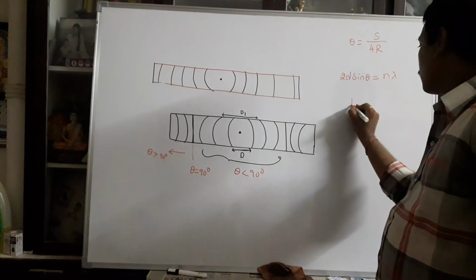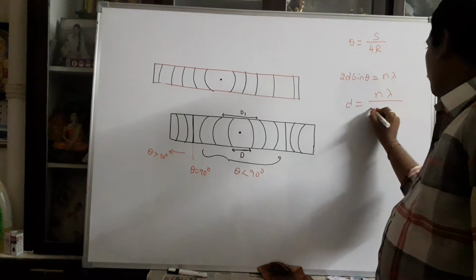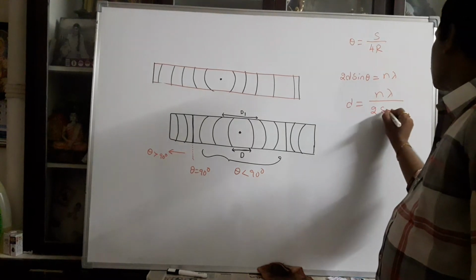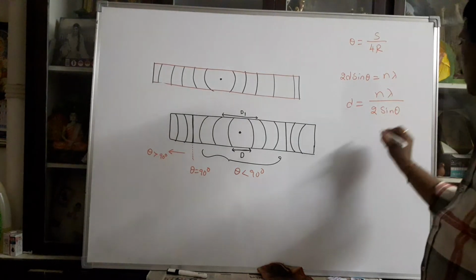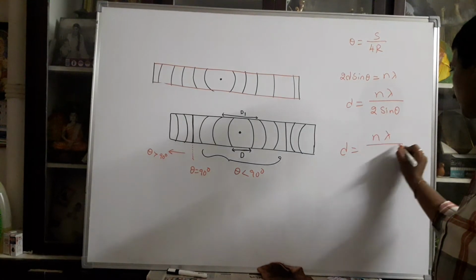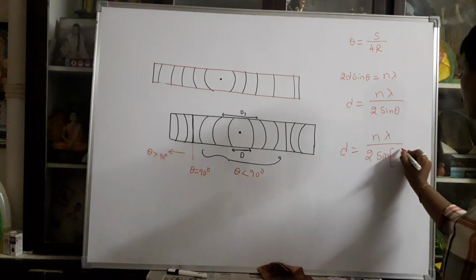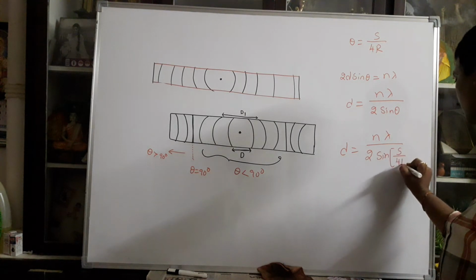Based on this, the d value can be calculated: d is equal to n lambda by 2 sin theta, where theta is S by 4r.